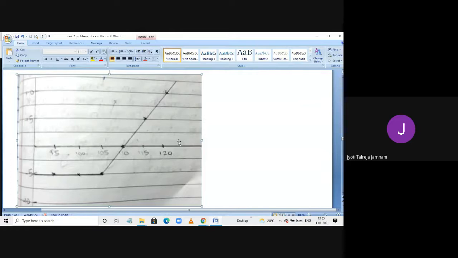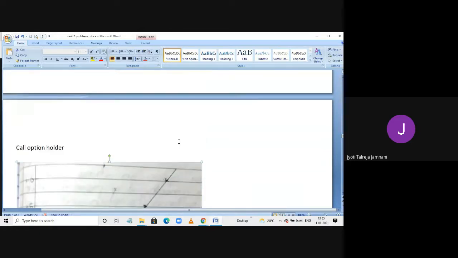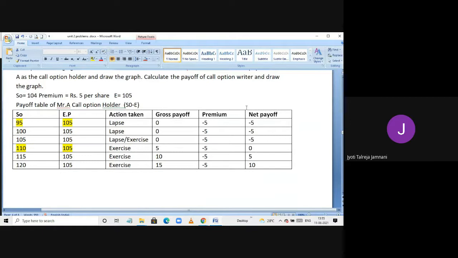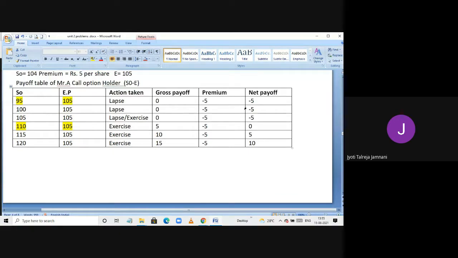If anybody has any doubts in this, let me know. The problem is still not over. We have just done it for the call option holder, that is Mr. A. Now we have to also do it for the writer. But with the holder, if there is any doubt, please ask.